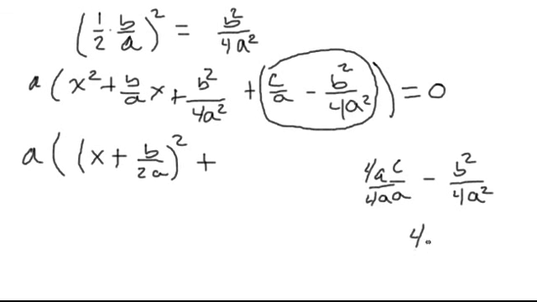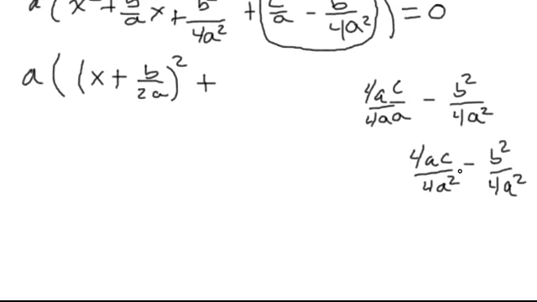This way we have 4ac over 4a squared, so we have a common denominator over 4a squared, and then of course we can get all that in one single fraction, 4ac minus b squared, all over 4a squared.